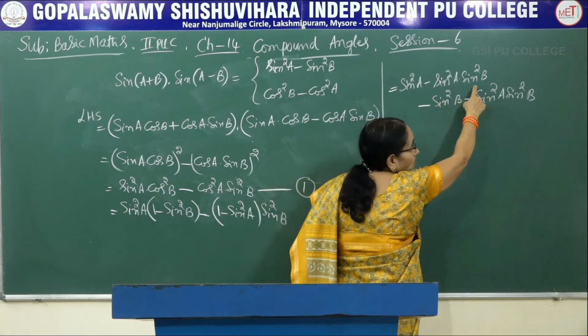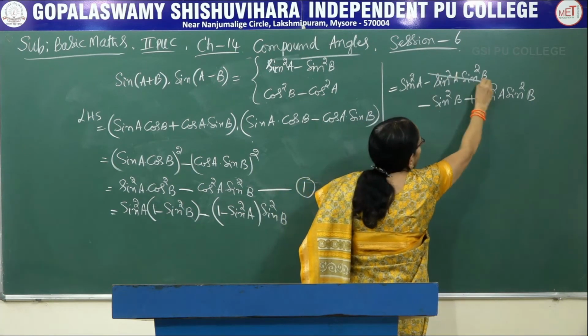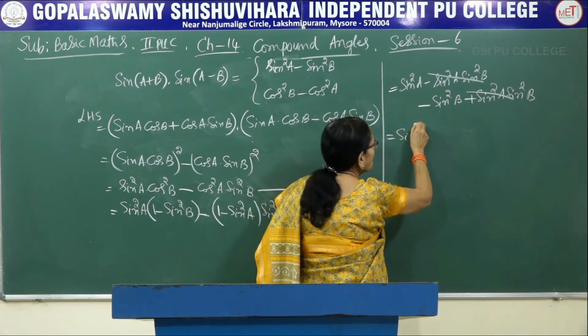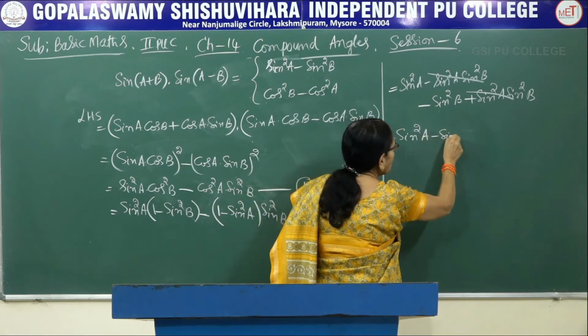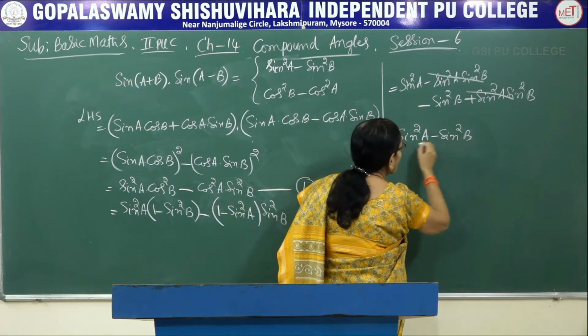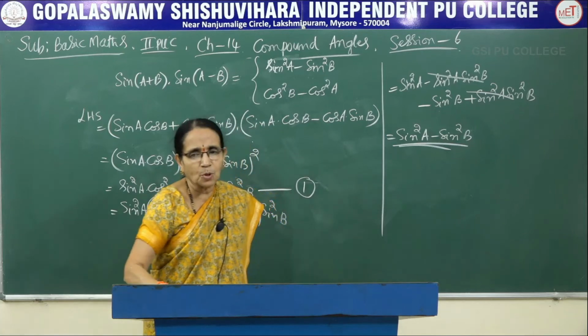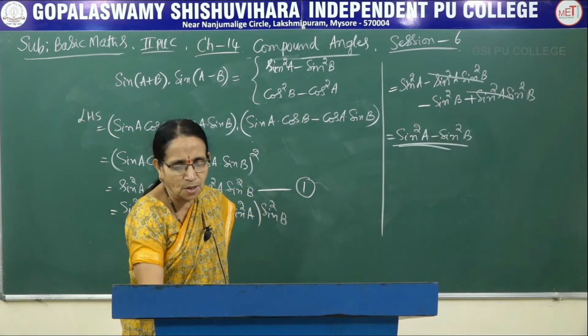Minus sin square A into sin square B plus sin square A into sin square B, they get cancelled. So what is remaining now? It is sin square A minus sin square B. So I got the first result here, because both the results I am supposed to prove here.